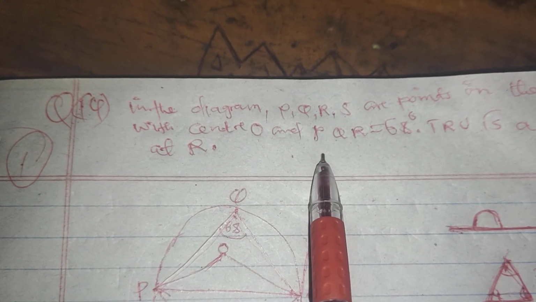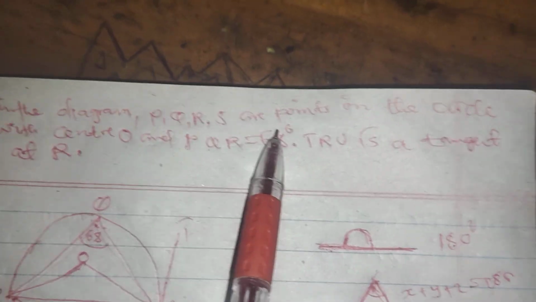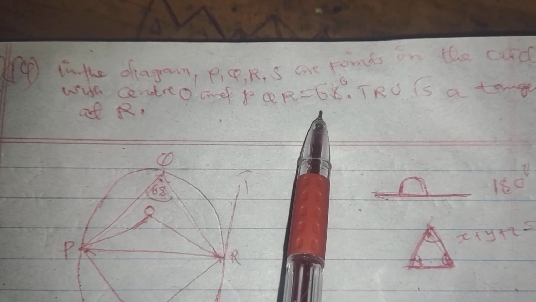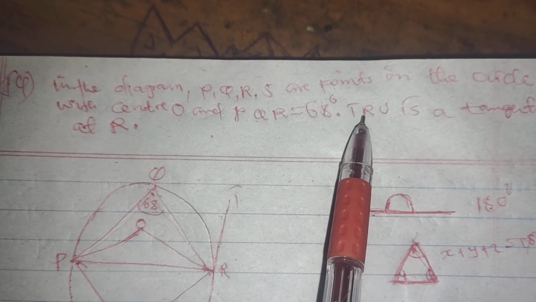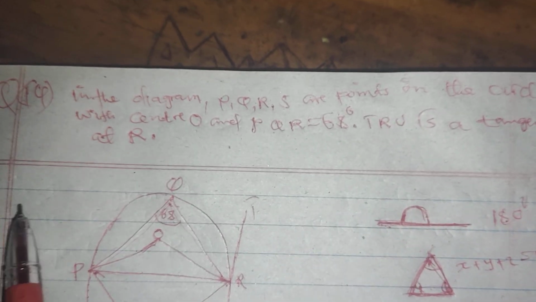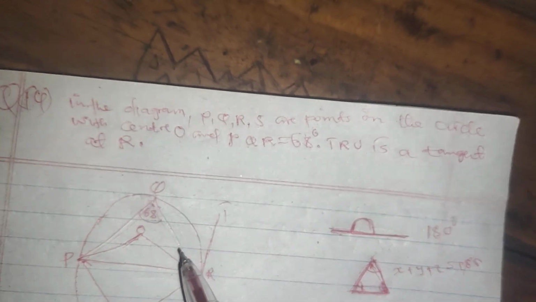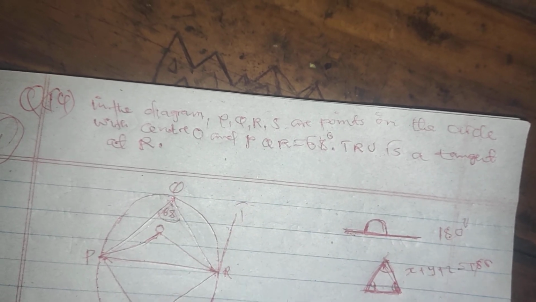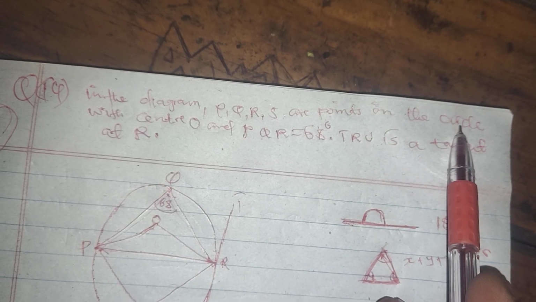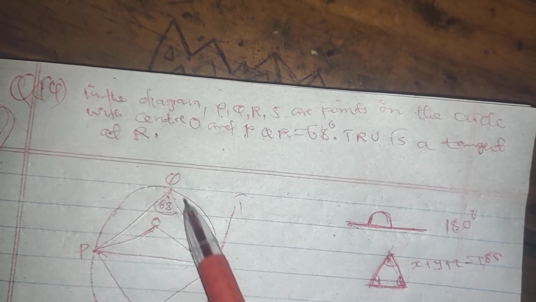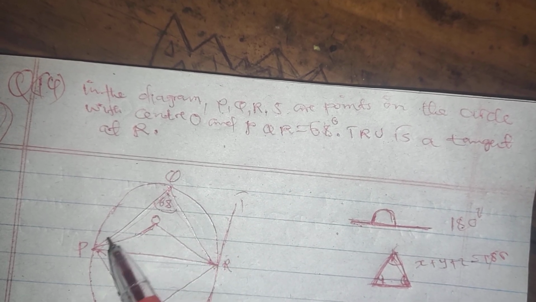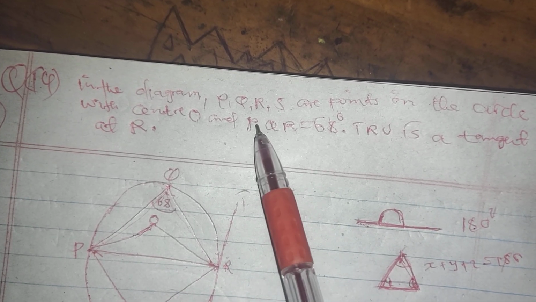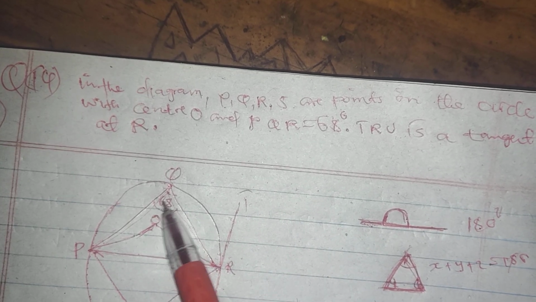So this question reads: in the diagram, PQRS are points on the circle with the center O, and PQR we are given as 68 degrees, and TRU is the tangent at R. So this PQRS is pointing on the circle with the center O here, and the PQR is 68 degrees.